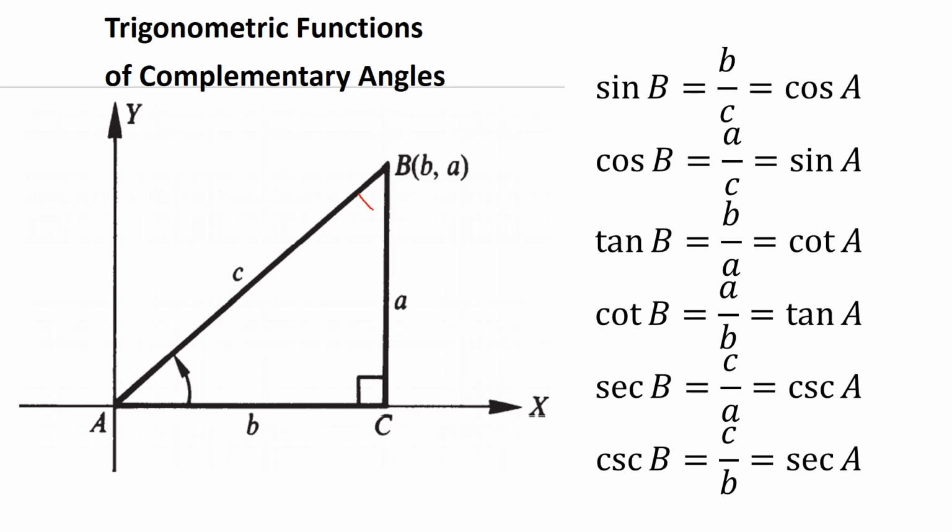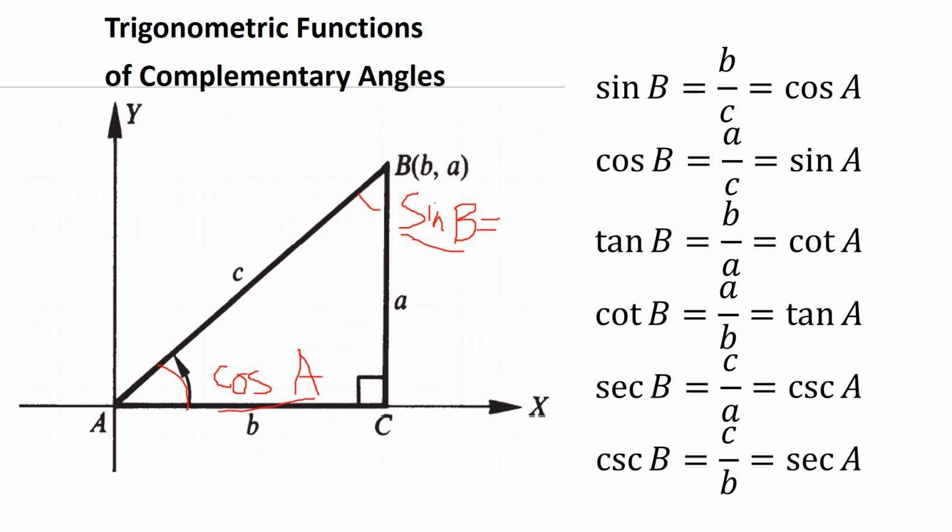So sine B is just equal to the cosine of angle A. So that means if you try solving in your calculator sine B, and then you solve cosine A, they will have the same answer because they are complementary angles and they are equal.